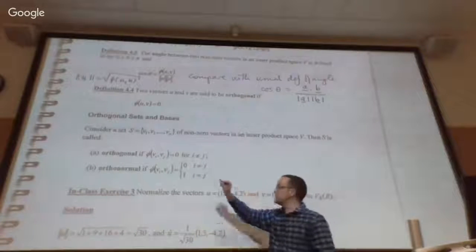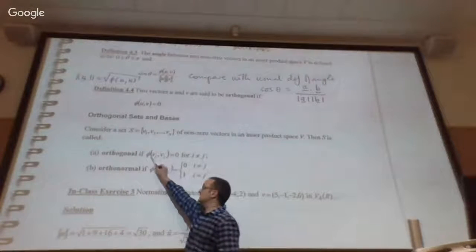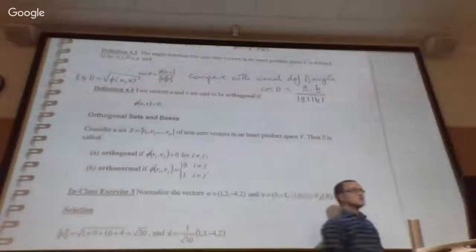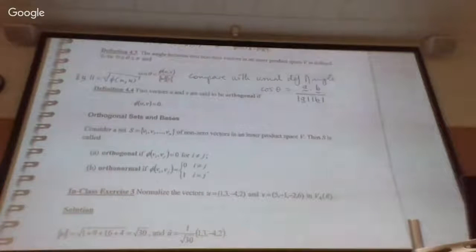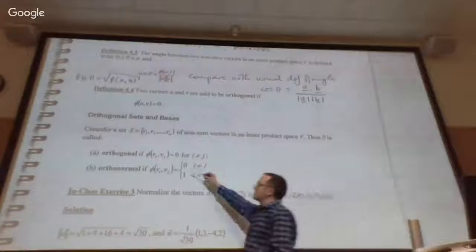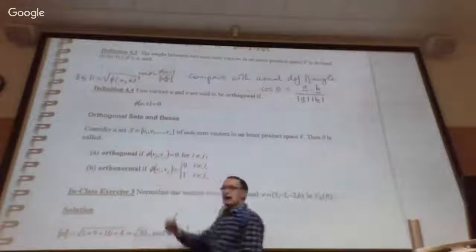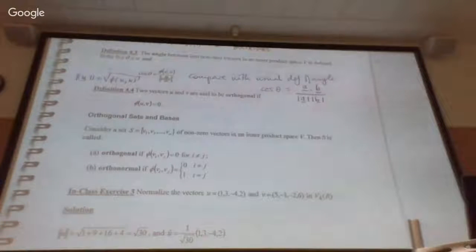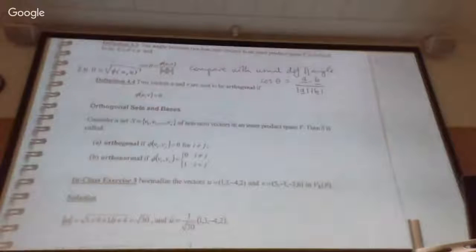Okay? If i is equal to j, you're looking at the inner product of the vector with itself. So that's the norm of the vector, and that's not going to be 0 unless the vector itself is 0. Typically, we talk about orthogonal sets when we're looking at candidates for a basis for the vector space.